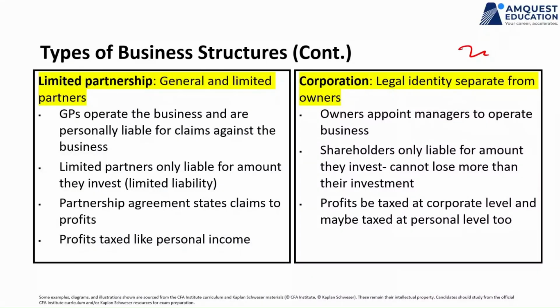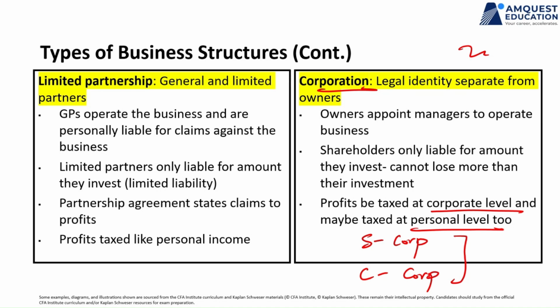Okay. So within corporations, and typically we are talking more from a US point of view, you have two types of corporation, S corp and C corp, right? The difference between S corp and C corp is that one of them is taxed at the corporate level while the other is taxed at the personal level.